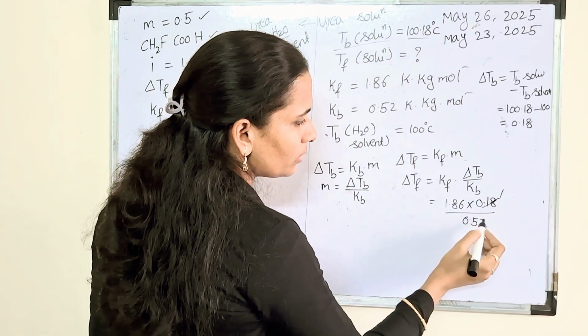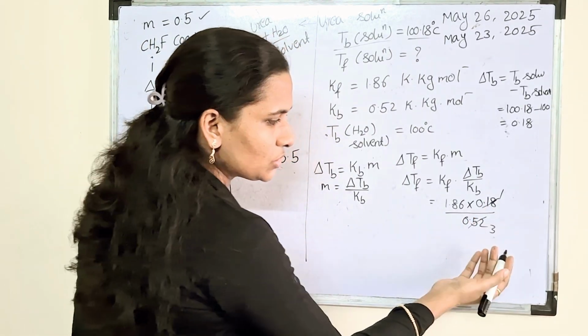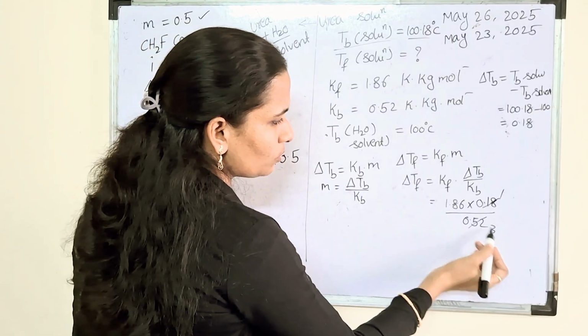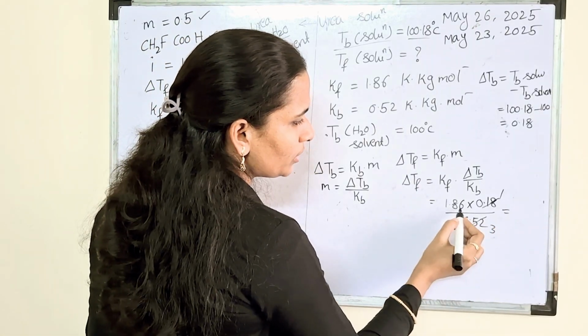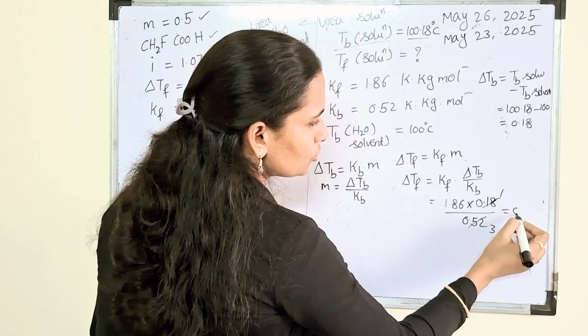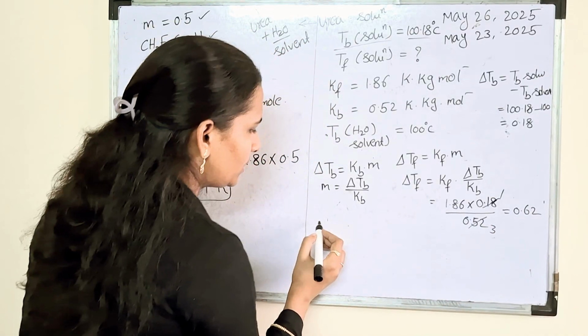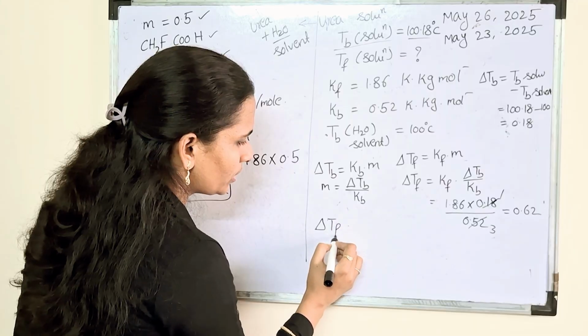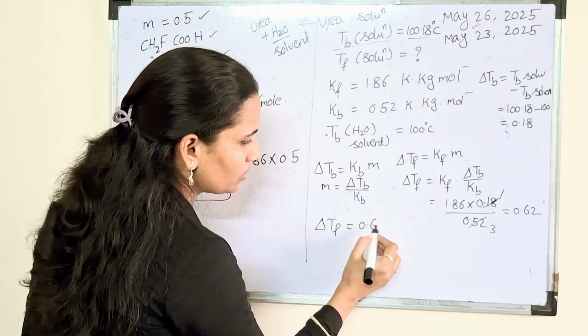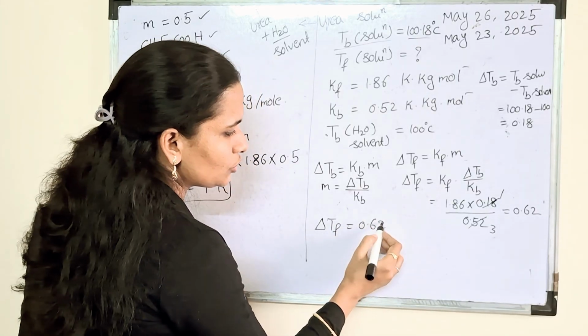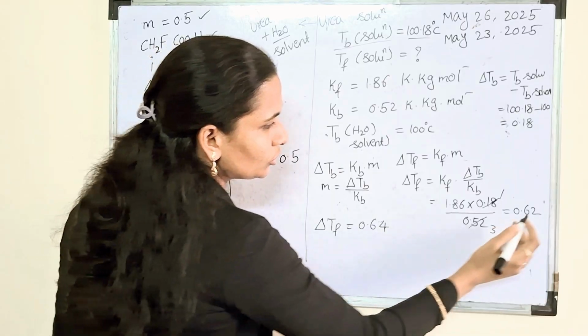Then 8 into 3 is nearly 54, nearly 3 value. Then 1.86 by 3 is nearly 0.62. So delta TF equals 0.62, nearly 0.64 will come.